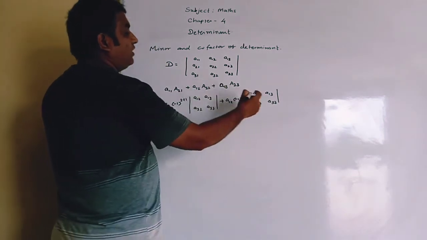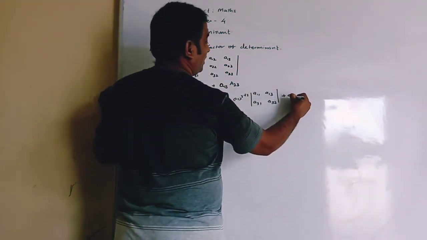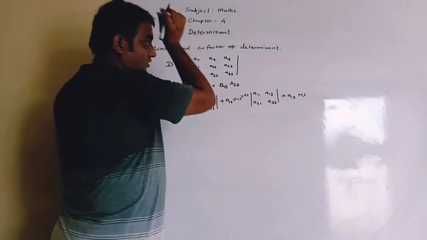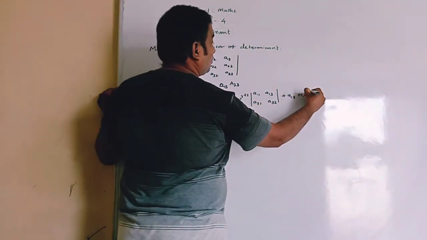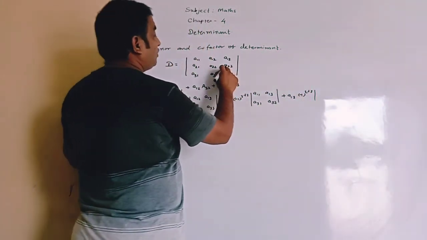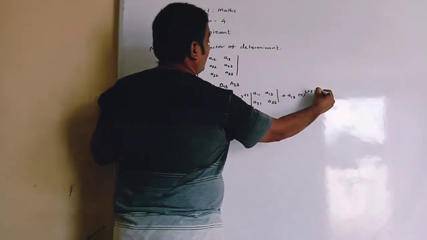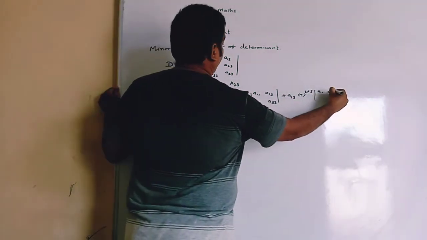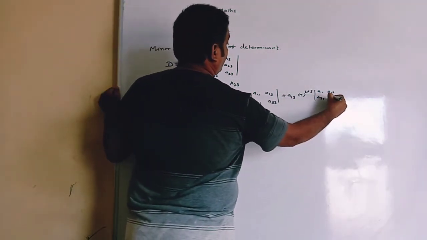And a13 into A23, so minus 1 raised to 2 plus 3, with a11, a12, a31, a32.